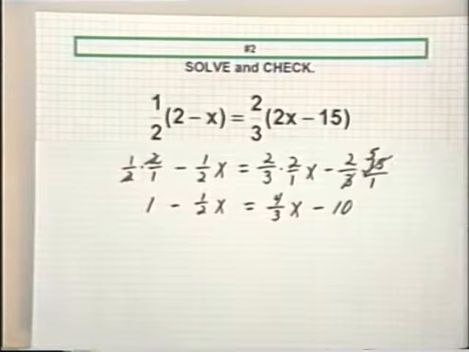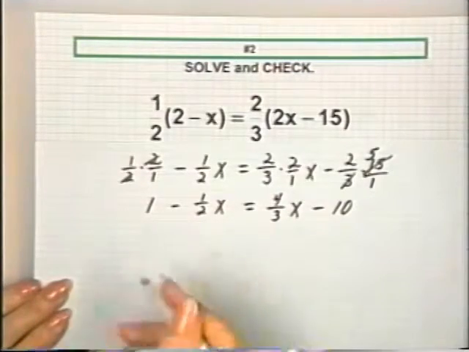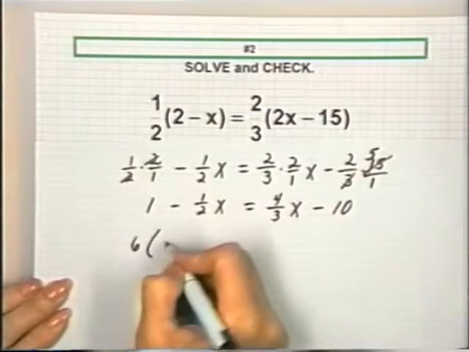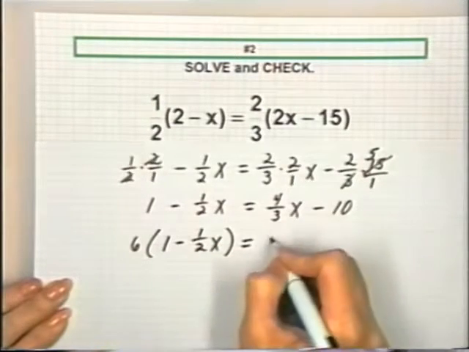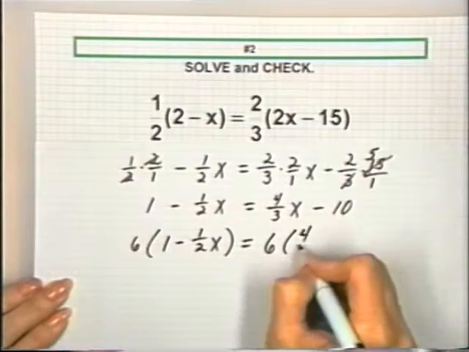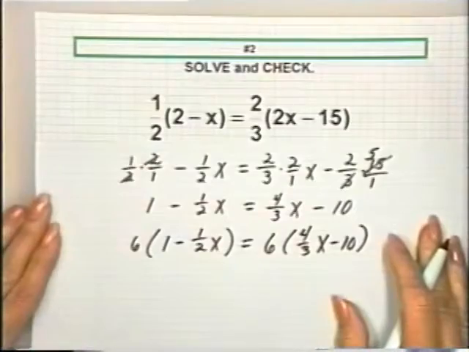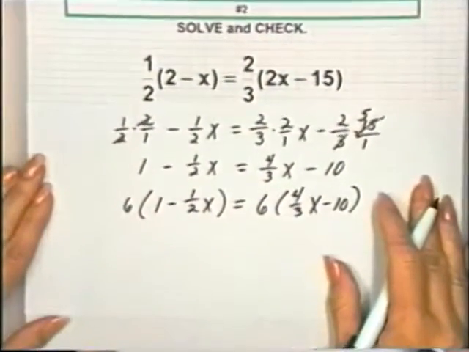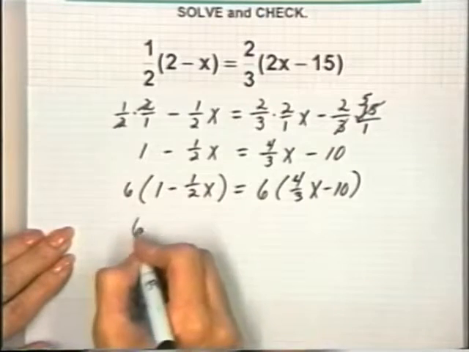To get rid of the fractions, I will multiply both sides of the equation by the LCD. The LCD of 2 and 3 is 6. So I will say 6 times 1 minus 1/2 x equals 6 times 4/3 x minus 10. Let's distribute the 6. 6 times 1 is 6.